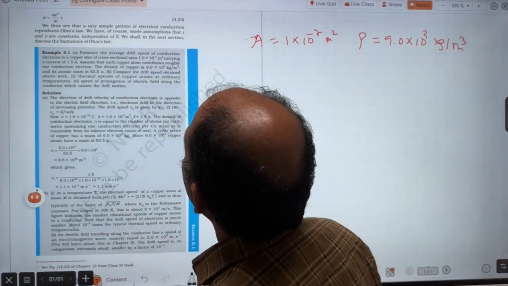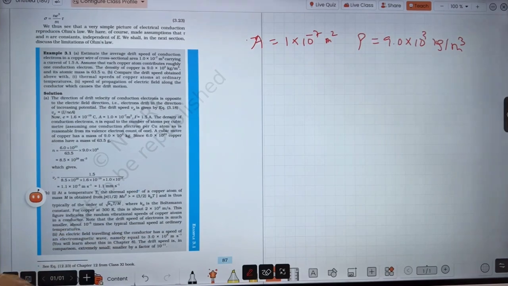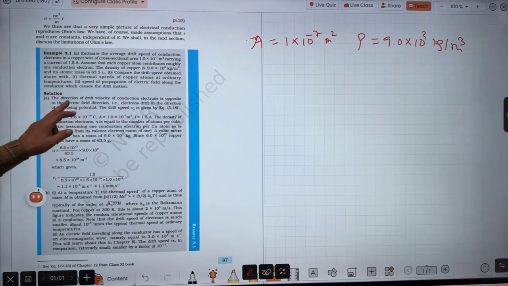The atomic mass of copper is also given, 63.5. So we can calculate the number density.